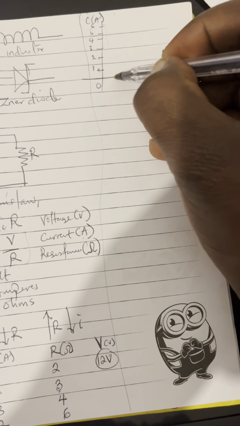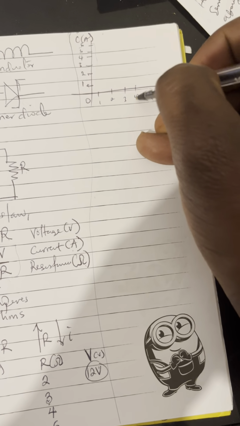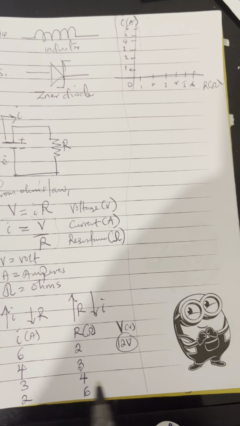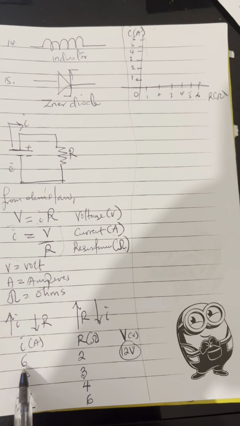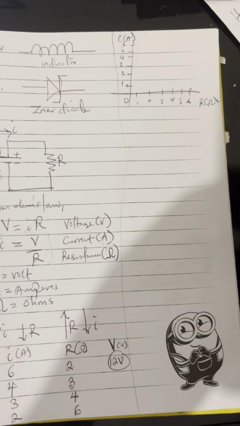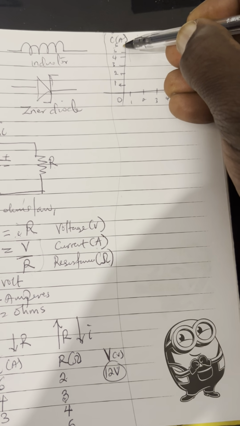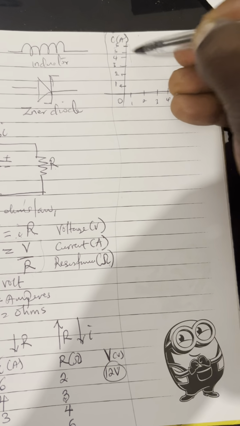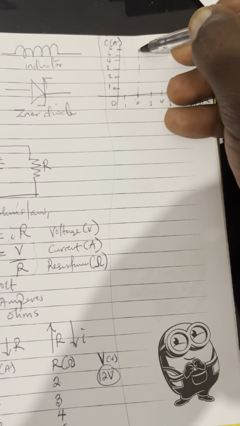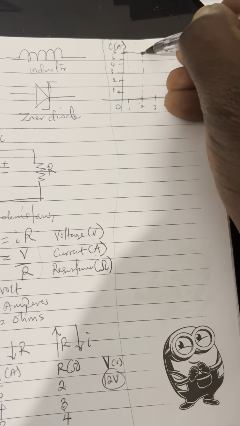Also, we have 1, 2, 3, 4, 5, 6. So let us plot: when the current is 6, the resistance was 2. So this is the resistance here. It was 2. So we trace it down here. So we put a dot there.